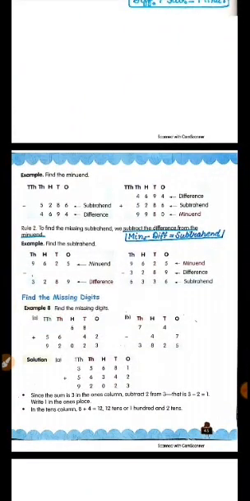Find minuend. So here we can see the minuend is absent, minuend is not given, and subtrahend and difference are given. So what we will do, we will add both of them.